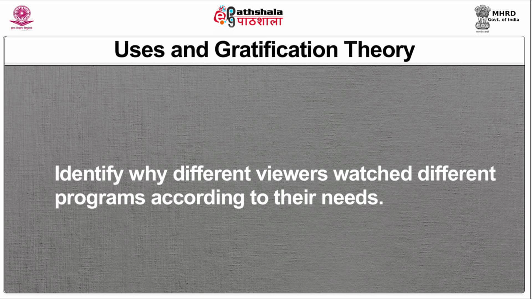Bloomler and McQuill analyzed people's aim and intention for watching certain political programs on television during the 1964 elections in the United Kingdom. They tried to identify why different viewers watch different programs according to their needs.